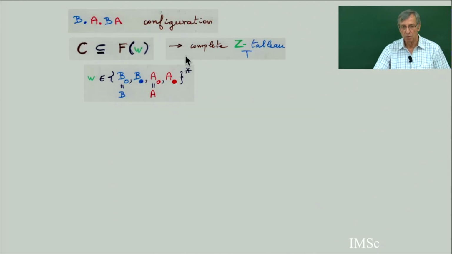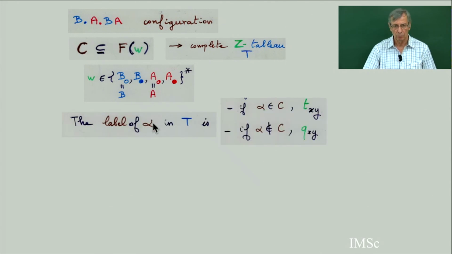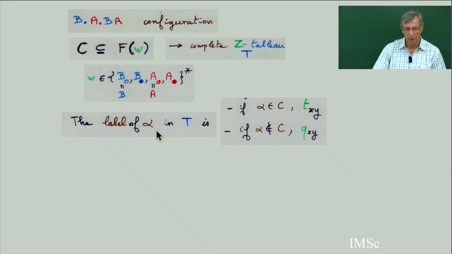And so the rule to go from the Béaba configuration to the complete Q-tableau: you give me any subset of the Ferrers diagram associated to this word W. Then for any cell in the Béaba configuration tableau T, if the cell belongs to the configuration, you put a label T index XY. If it does not belong, you put Q index XY.